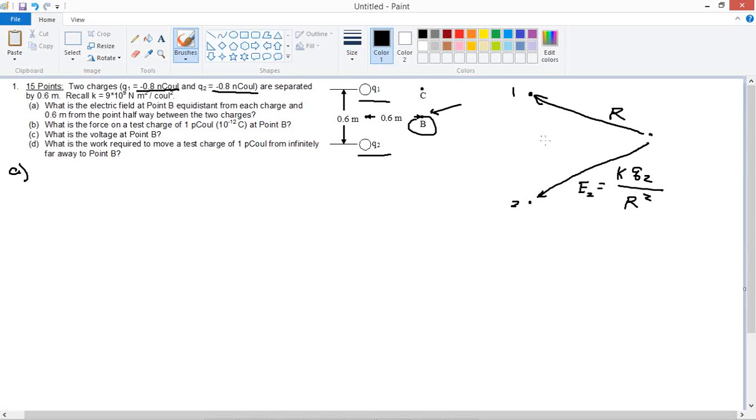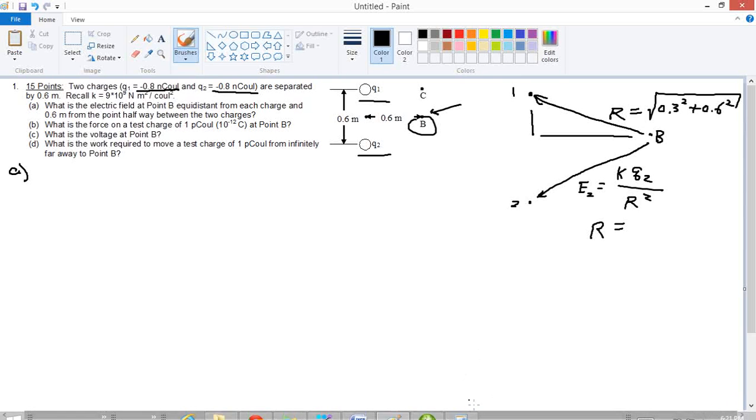We're going over 0.6, up 0.3. Using the Pythagorean theorem, we can get R. This is point B. Might as well write down a number.